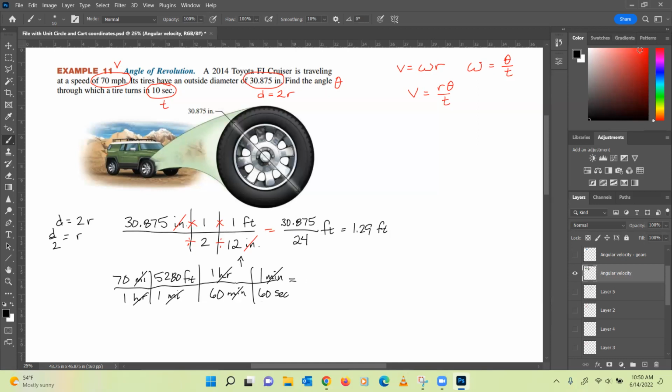And so I've got 70 times 5,280 times 1 doesn't really do much to me. Divide by 60, divide by 60. And when I do that in my calculator, 70 times 5,280, divide by 60, divide by 60, I get 102.67.